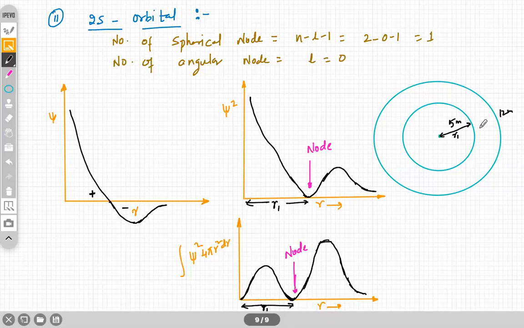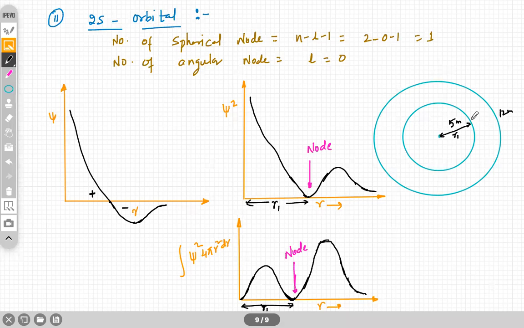The graph that you drew here must have a certain distance from the nucleus. So at this radial distance, you will have a spherical surface within the atom where the probability of finding an electron is 0. You are talking about a surface where here we have electron and here we have electron, but in between we do not have electron, which may not be true. It depends upon the case.